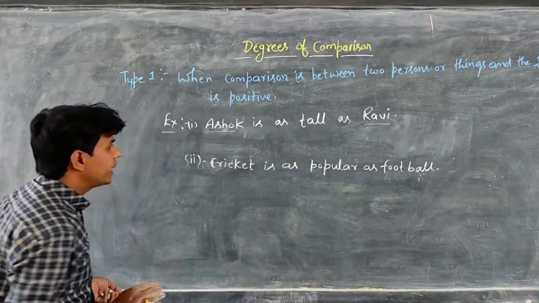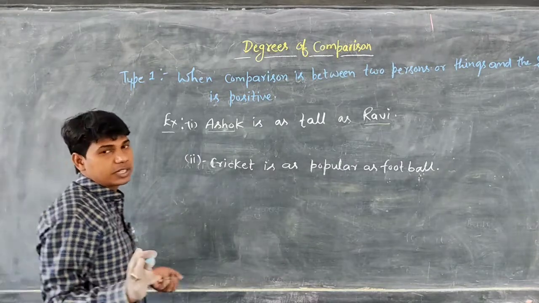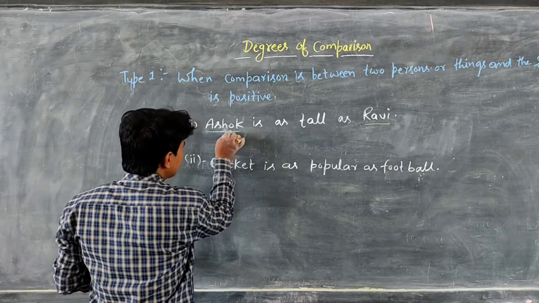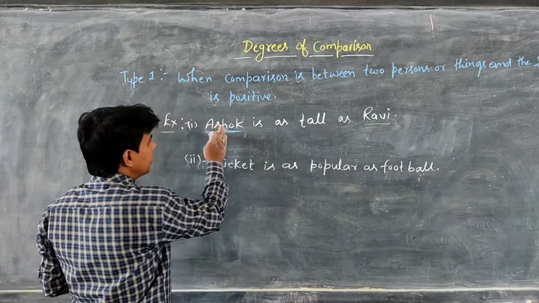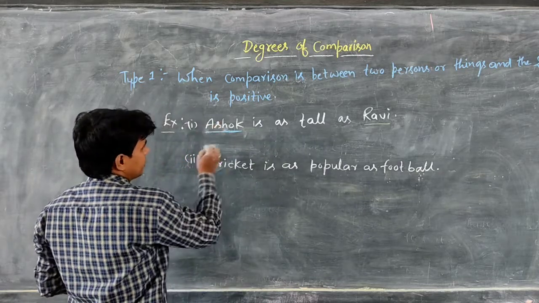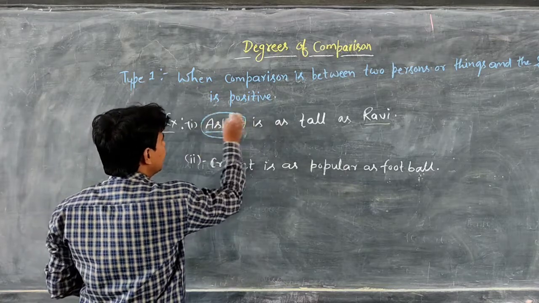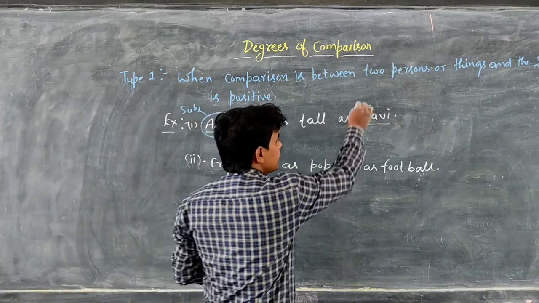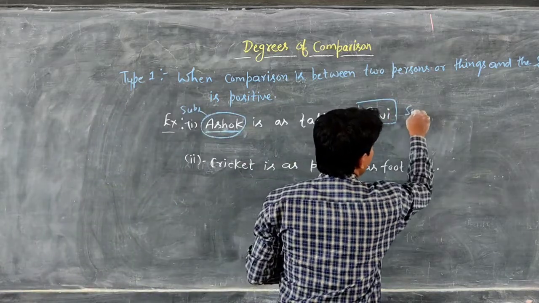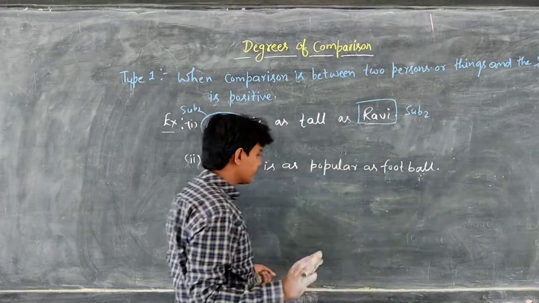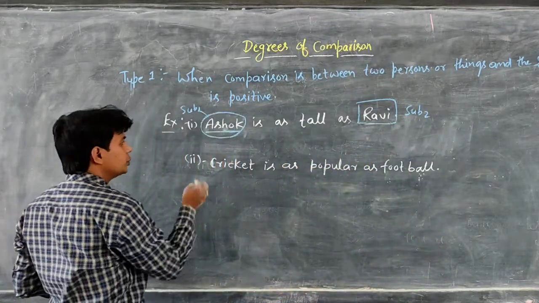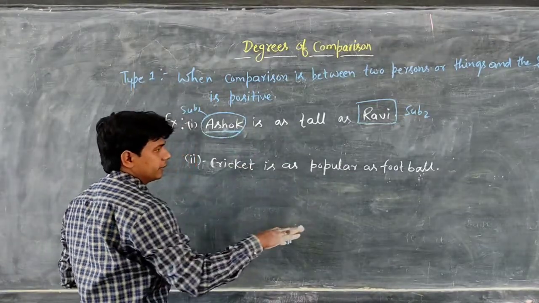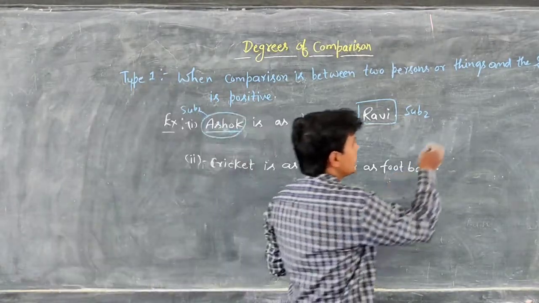So students, whenever you have comparison between two persons or two things, the person or thing used at the beginning of the sentence we call subject first, and the other, Ravi, is subject second. Okay. So whenever you change a positive degree into comparative, you are asked to change into comparative degree.